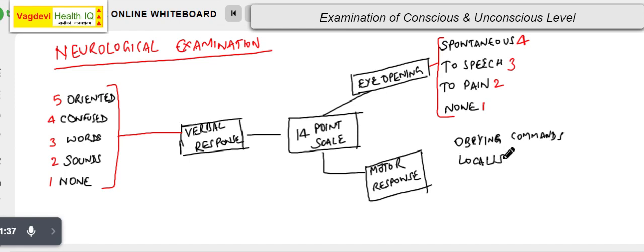Remember we were doing our discussion about localizing the pain. I mean to say, feeling that pain, there is a movement of the arm. Now there are two: normal flexion and spastic flexion. We will take it as flexion. Okay. Normal flexion.